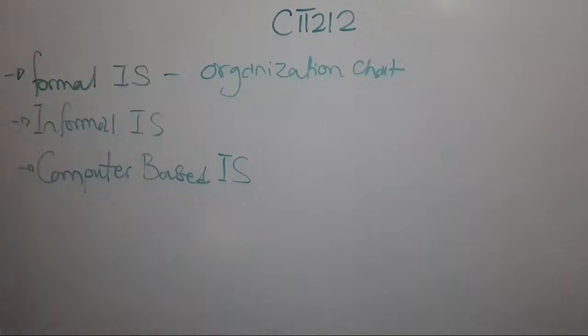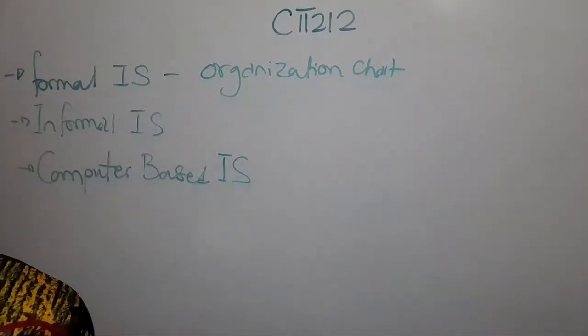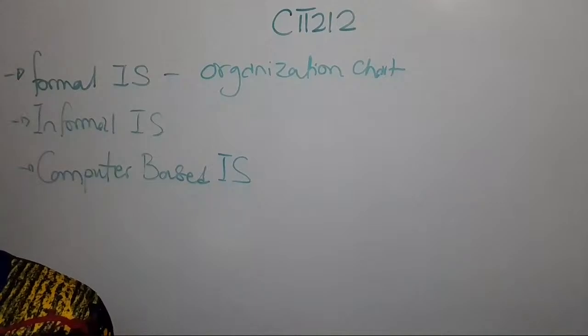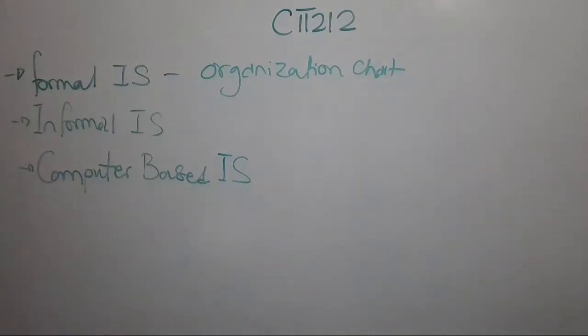This chart is said to be a map of positions and their authority relationships, indicated by boxes and connected by straight lines. It is a pictorial representation of the map: who is who, and how each and every one of us should respond or relate with each other. So we have that.